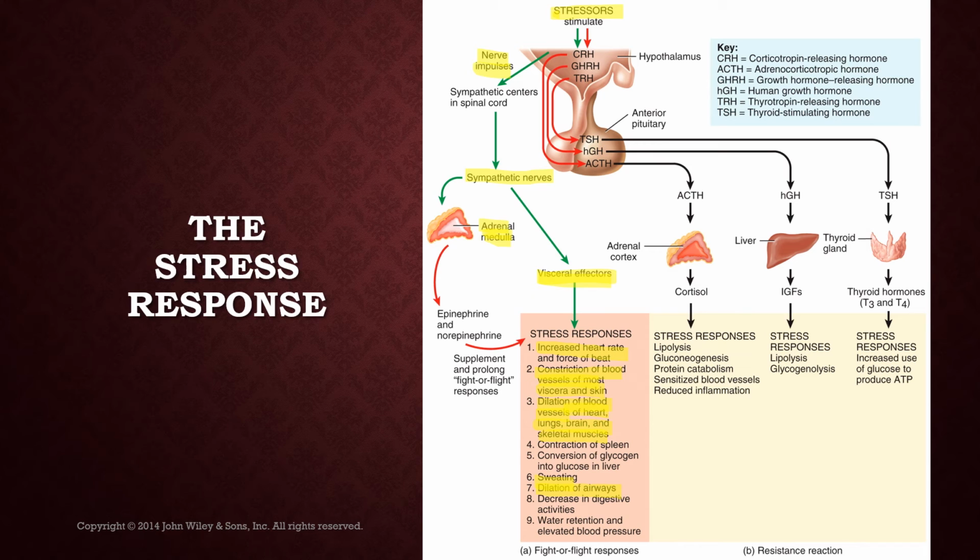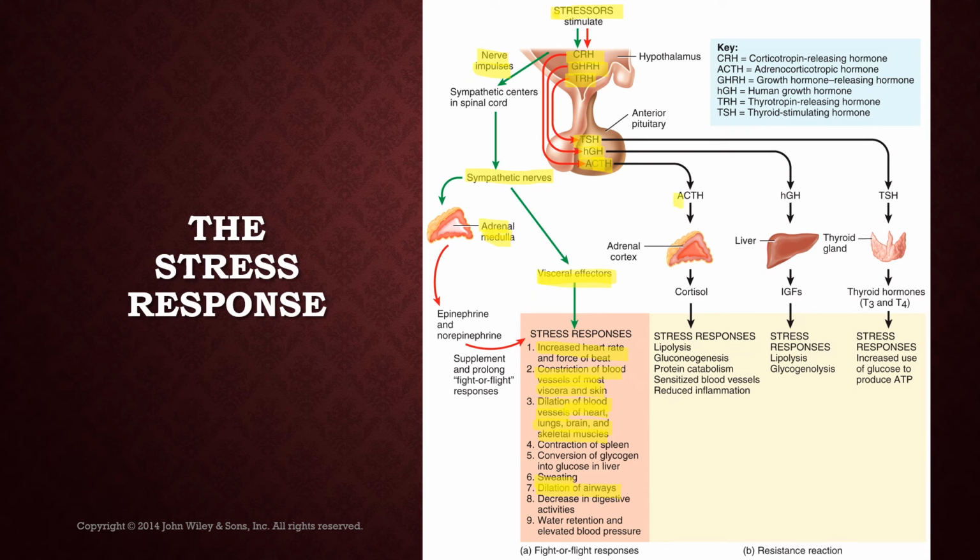So we're going to look at the corticotropin releasing hormone, the growth hormone releasing hormone, and the thyrotropin releasing hormone, which are going to act upon the anterior pituitary to secrete the thyroid stimulating hormone, the human growth hormone, and adrenocorticotropic hormone.